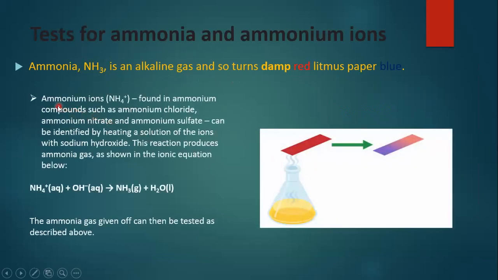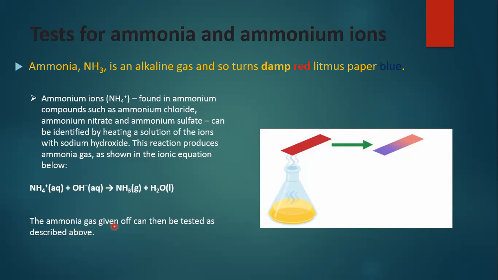And how we further explain this point: ammonium ions that are found in ammonium compounds like ammonium chloride, ammonium nitrate, and ammonium sulfate can be identified by heating a solution of the ions with sodium hydroxide. This reaction produces ammonia. As you discussed in your previous chapter, when bases react with ammonium salts, it releases ammonia as a product.